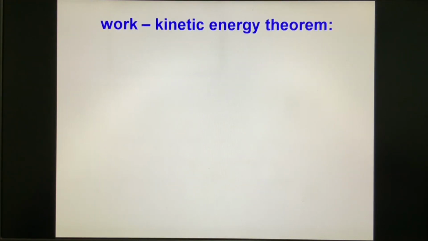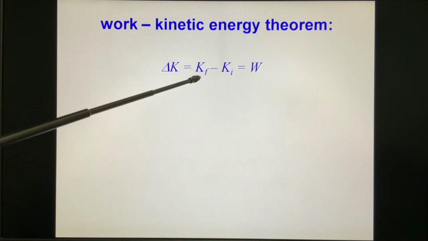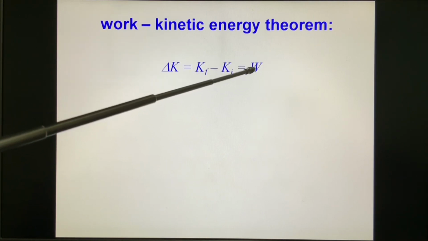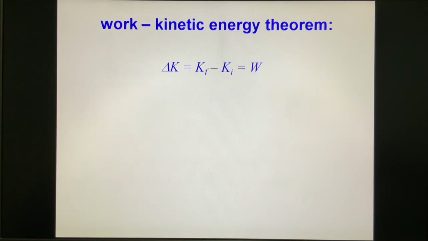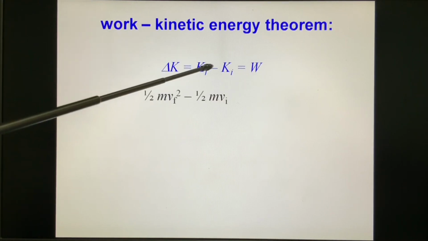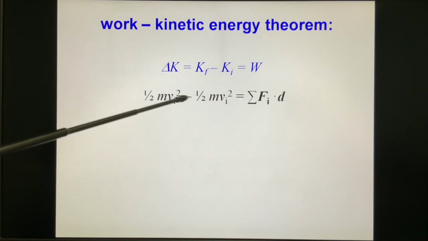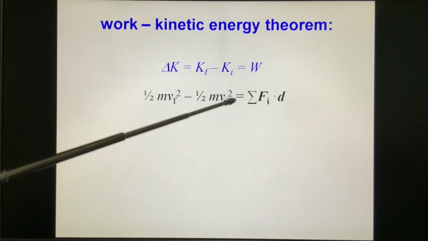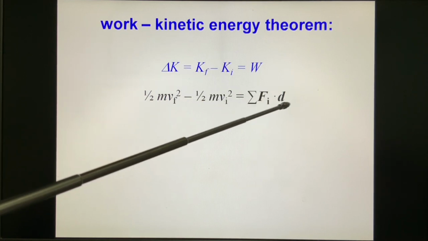Work-kinetic energy theorem. Delta K equals K final minus K initial equals the work done by the force. Rewrite it: half mv final squared minus half mv initial squared equals sigma Fi dot d.